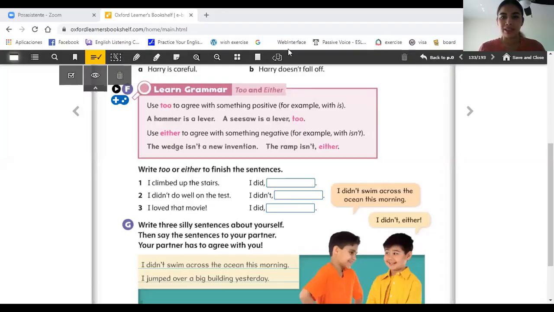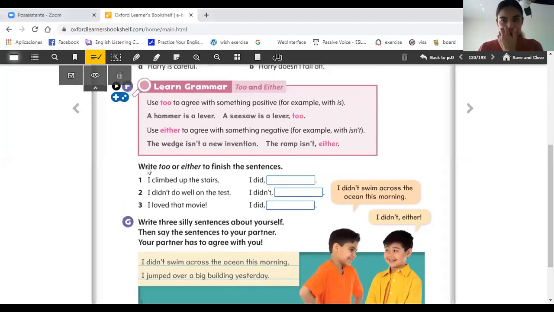Okay, in this morning class, we also answered page 133 from the student book, exercise F. Some of your classmates helped me to complete these sentences. The instruction says, write too or either to finish the sentences. So I'm going to help you answer this exercise.